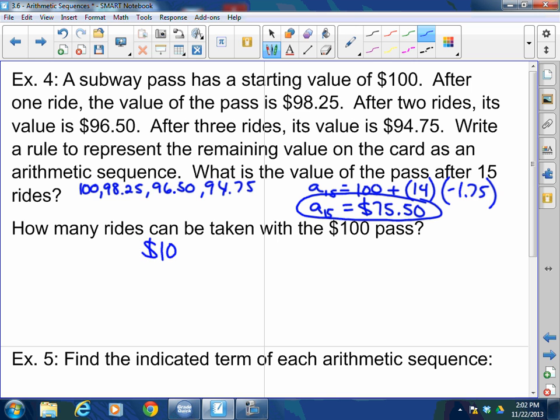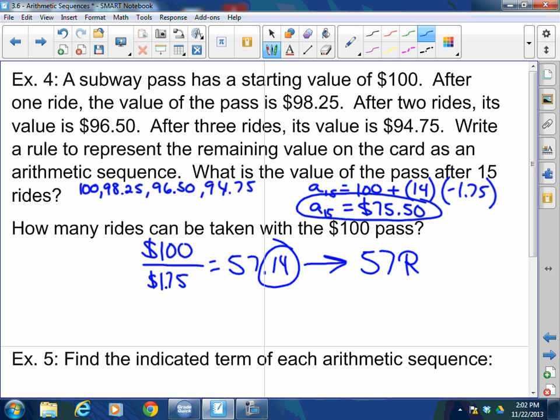If you put $100 in the card and each ride is $1.75, if I divide, I'm going to get 57.14 rides. I can't have 0.14 of a ride. So how many full rides can I have? 57 rides on that one pass.